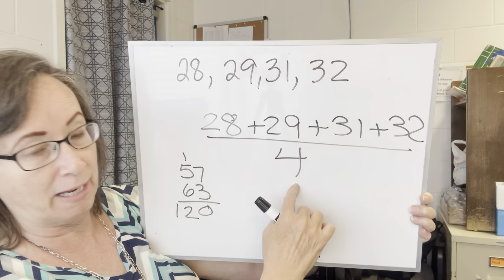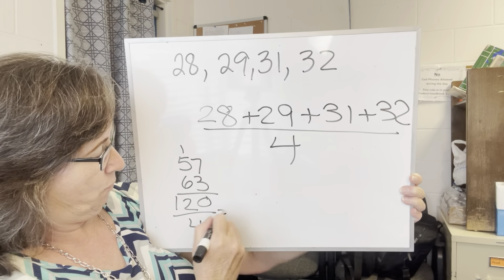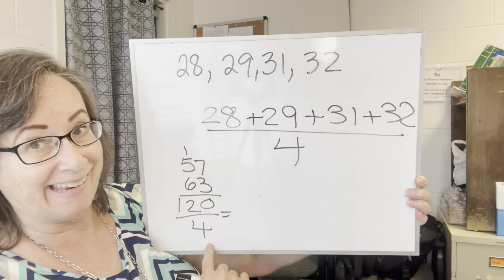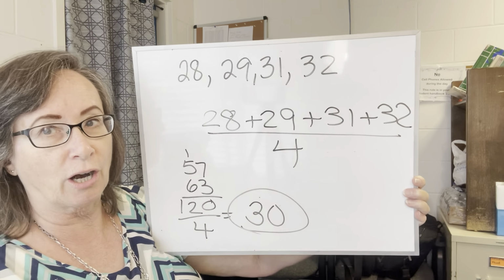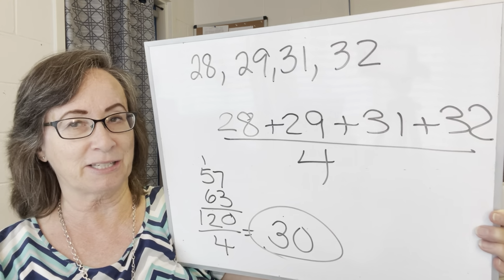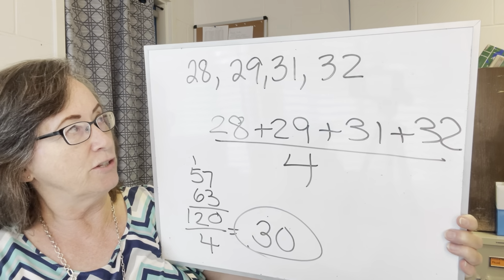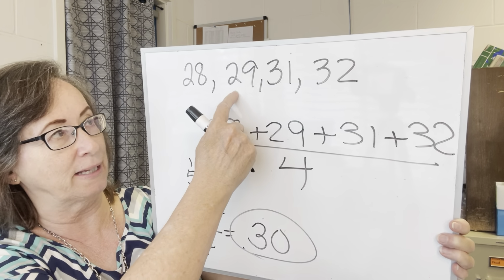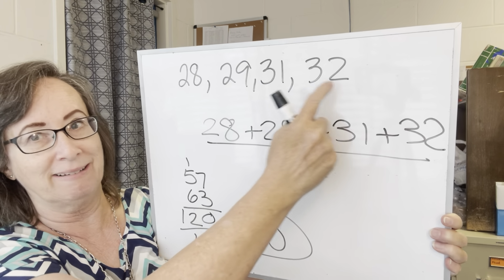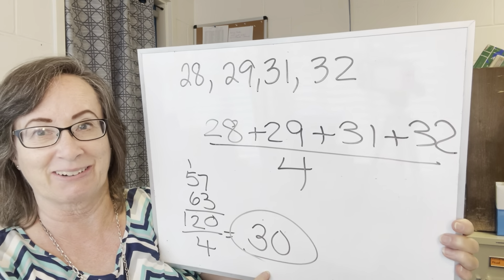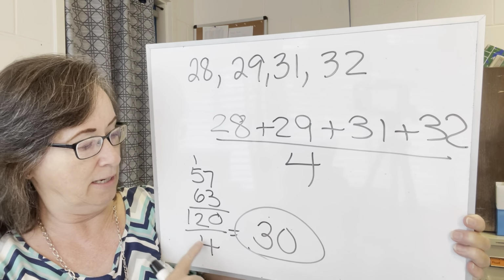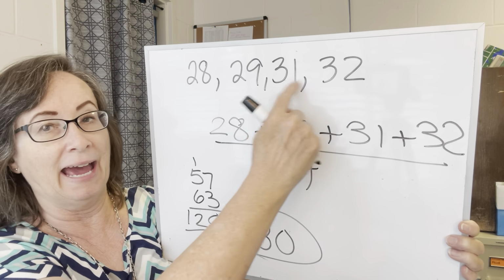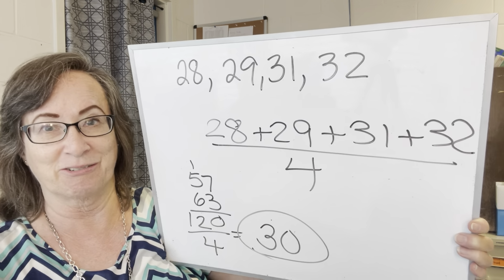And then I'm going to divide by 4, which is going to tell me that there is an average of 30 students per 8th grade classroom. Okay, so I'd have to add 2 to this one, add 1 to that one, take away 1, take away 2. So it is 30, isn't it? To level out the classrooms, 30 in each gives us 120. Adding those up gives us 120.